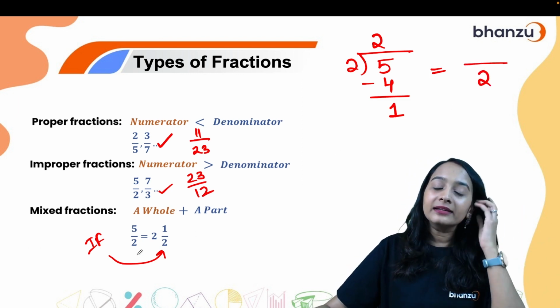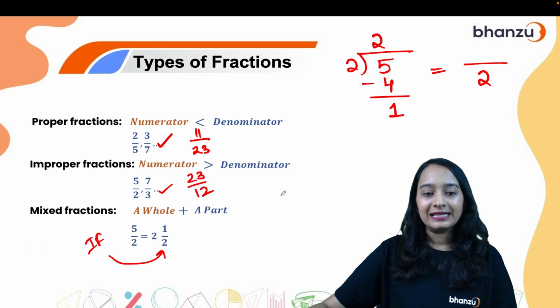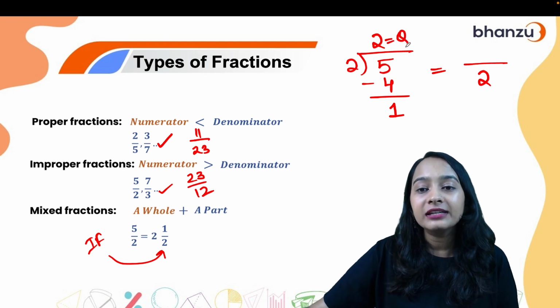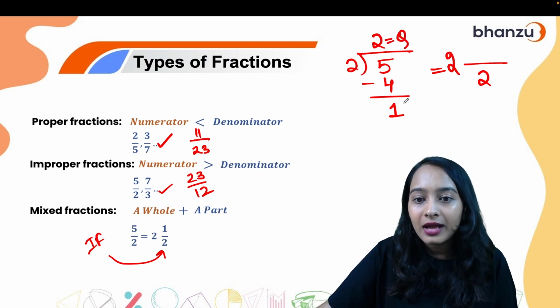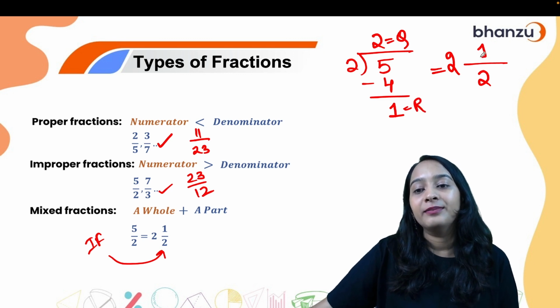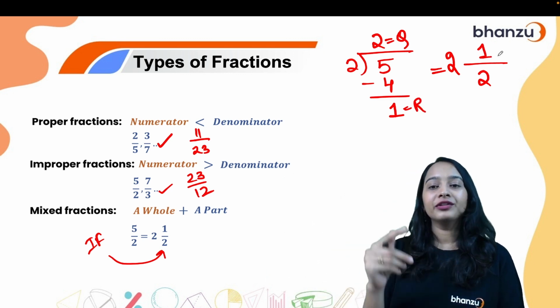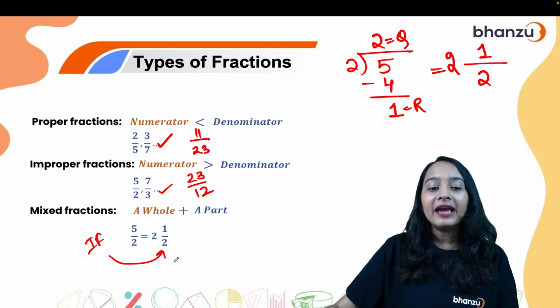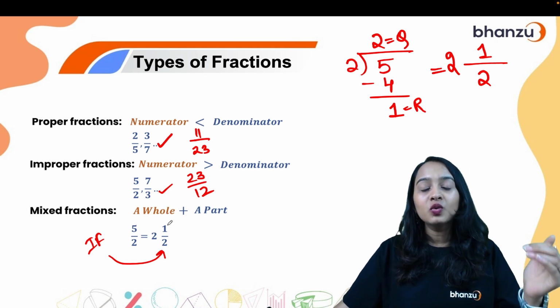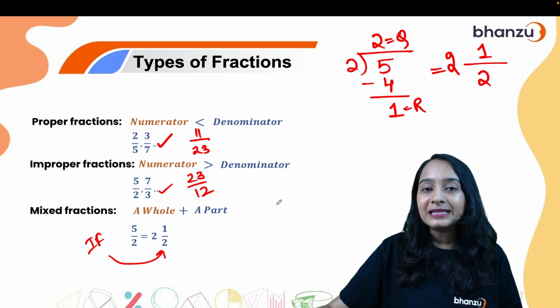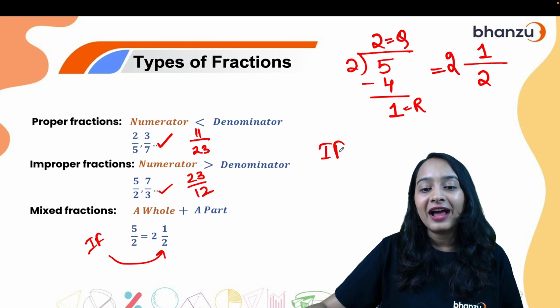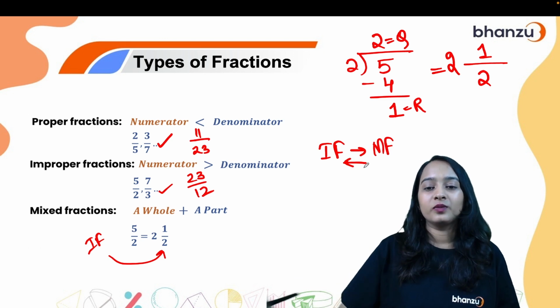The denominator is 2, so let's keep the 2 as it is. Now the quotient here will be your whole number and the remainder will be the numerator of the fraction. So 5 by 2 can be written as 2, 1 by 2. So please remember, only an improper fraction can be written in the form of a mixed fraction and vice versa.